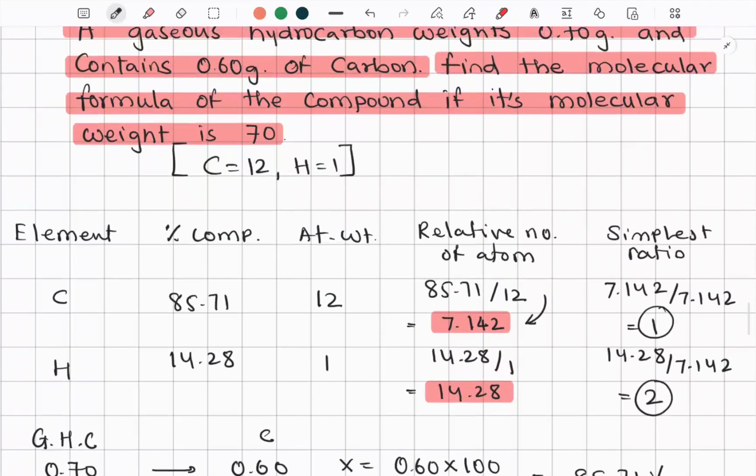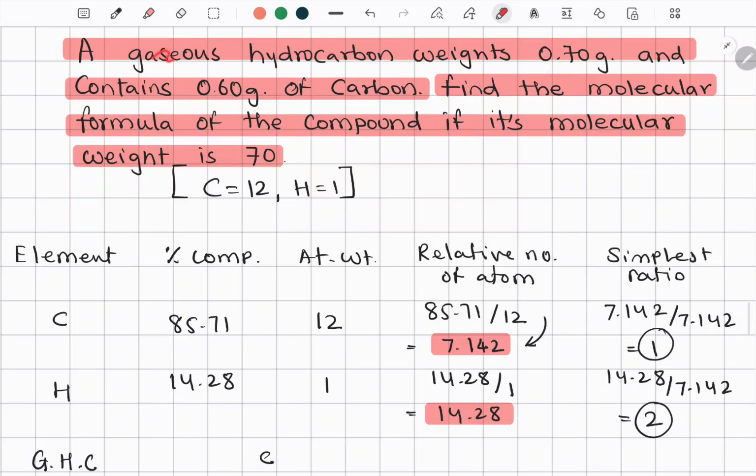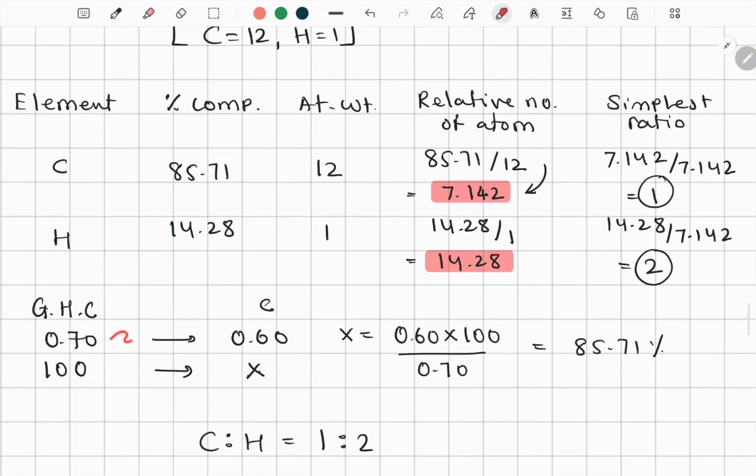Let's go through this question once again. It was a very simple question. It said the gaseous hydrocarbon weighs 0.70 gram and contains 0.60 gram of carbon. Therefore we calculated the percentage composition from it. We said that out of 0.70 gram, if 0.60 gram is carbon, then out of 100 gram it would be x gram of carbon, and we calculated the percentage composition of carbon.